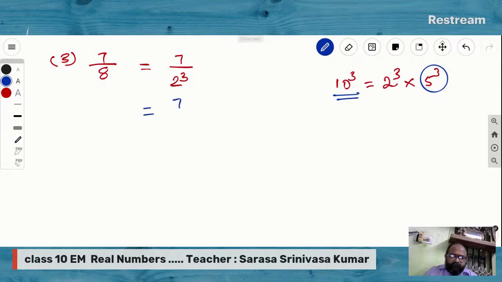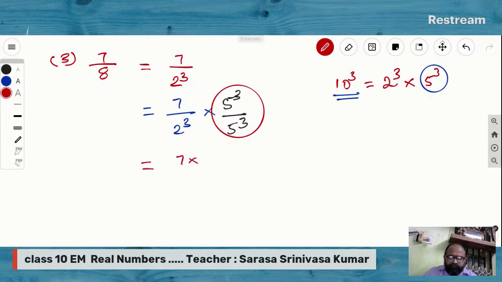So 7 by 2 power 3 multiplied by 5 power 3 by 5 power 3. If we multiply and divide by 5 power 3, then we get the form 7 multiplied by 125 by 10 cube.